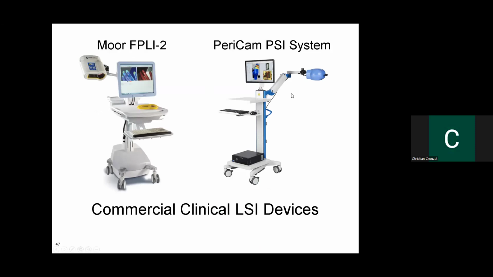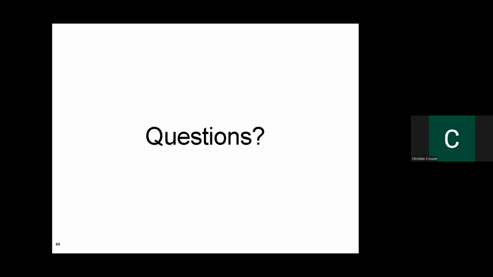I believe it's, last I checked, about $200,000. Might be less now than a few years ago. But one thing that you can see with these clinical devices is they're all in a cart. They aren't conducive to being super mobile if you're in scenarios such as the NICU or in the Army. So before going into that, I'm going to pause here for any more questions.